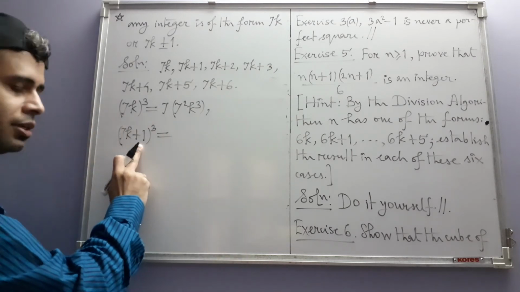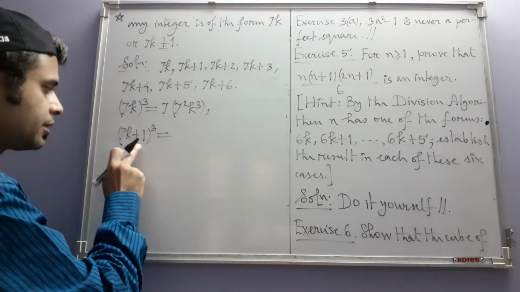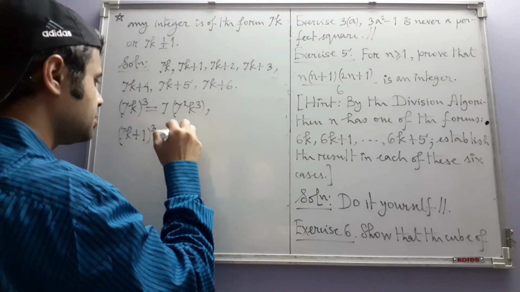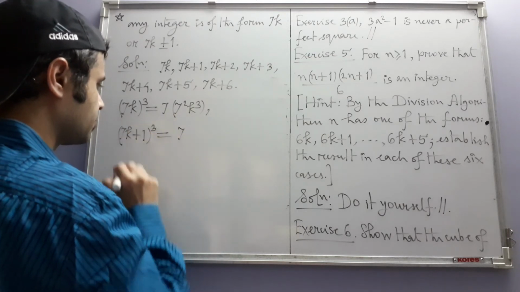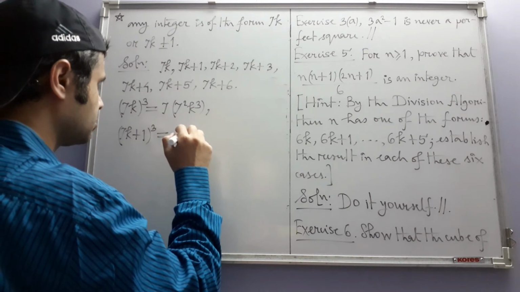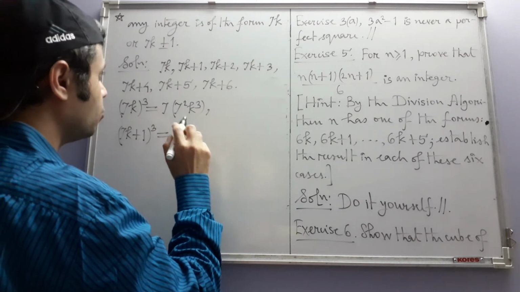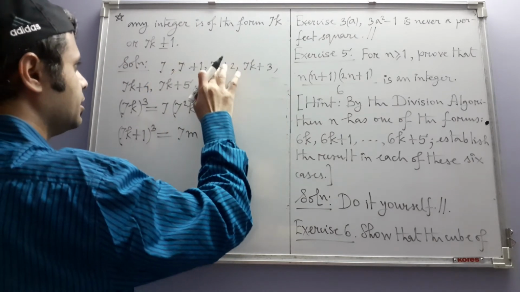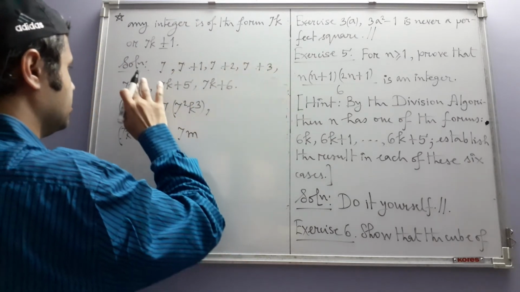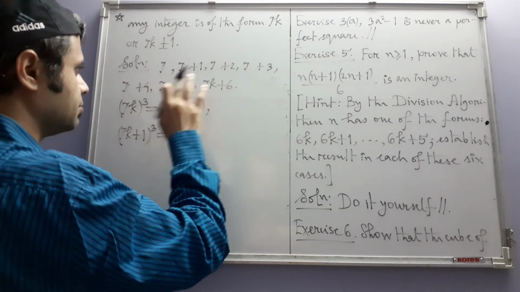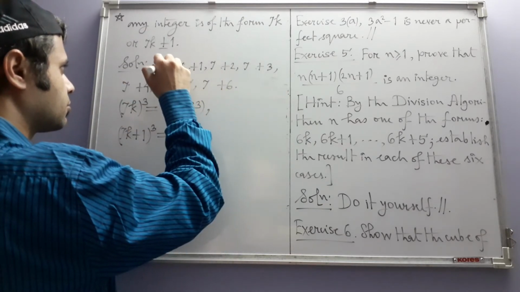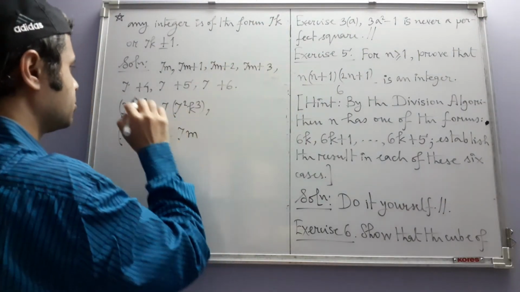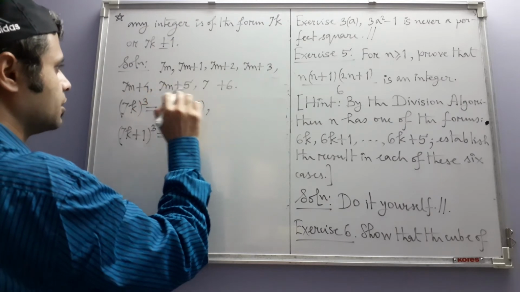The only term that matters here is 1 cube. So can we simply write 7 times m plus 1? It does not matter, but still let's use some other variable name. 7m plus 1, 7m plus 2, 7m plus 3.